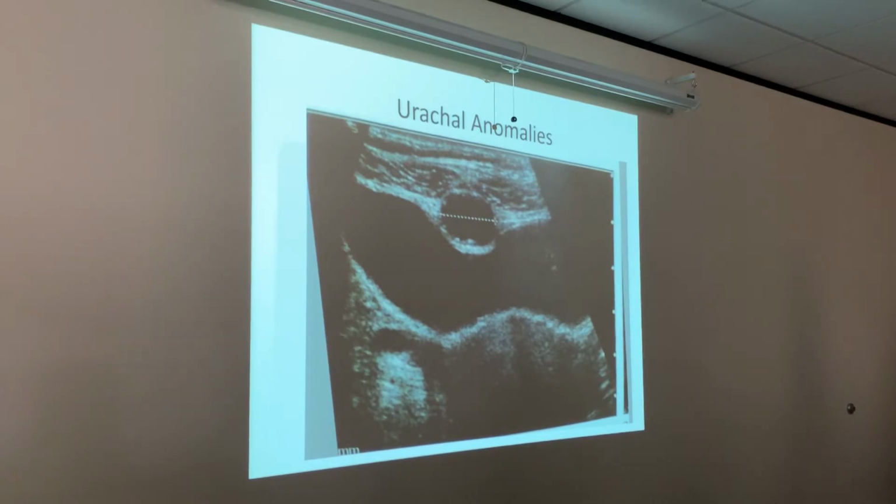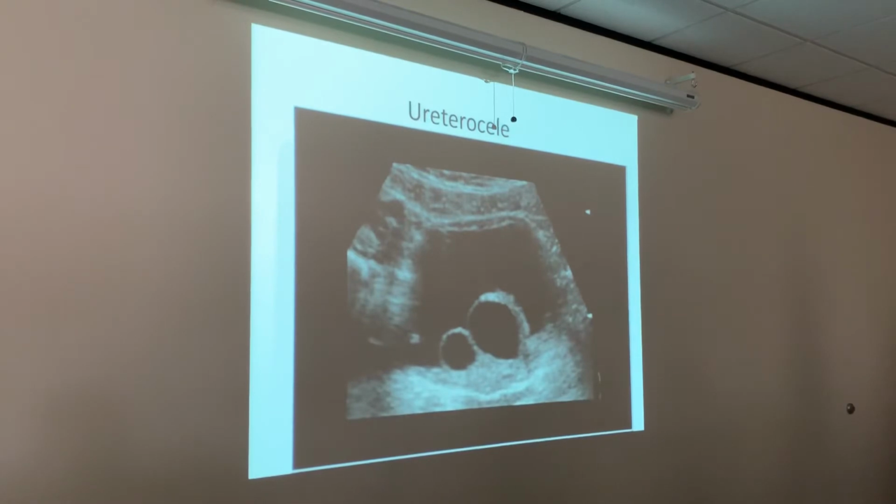If you have a complete urachal cyst, you'll have urine coming out of your belly button, if it's complete. A ureterocele. Remember how we talked about the diverticulum? Well, this is something that happens to the lining.